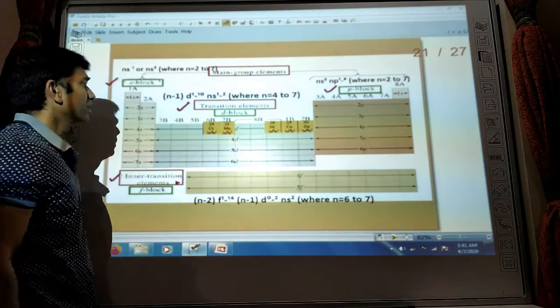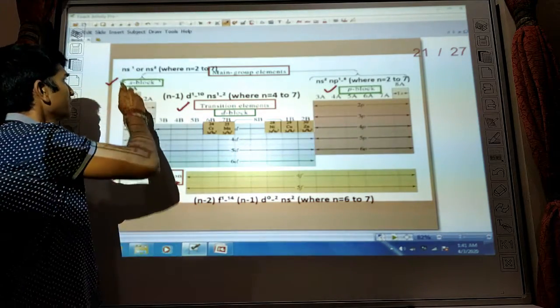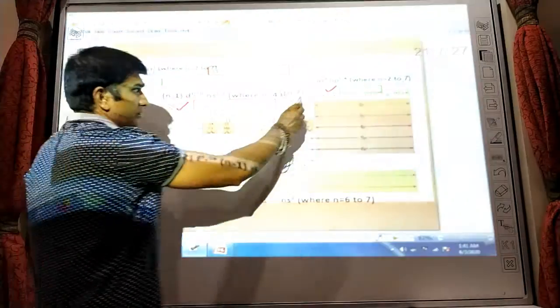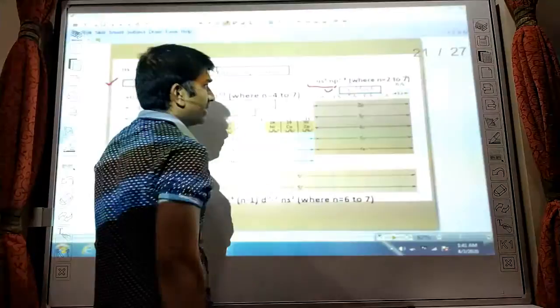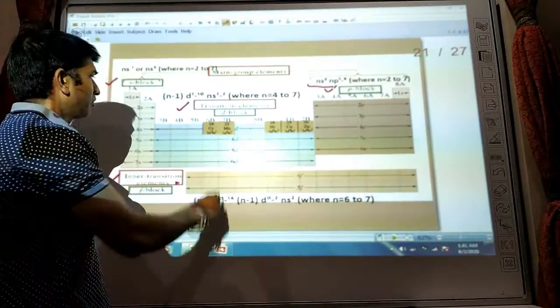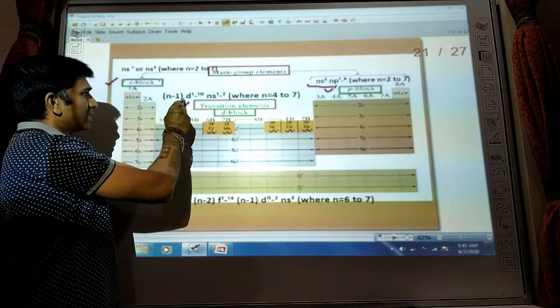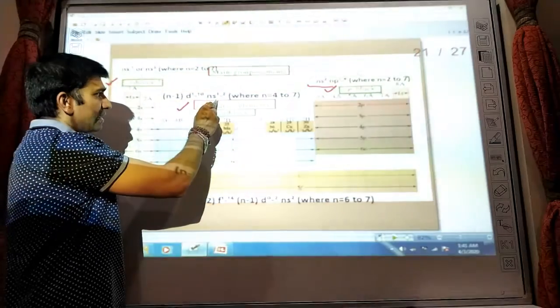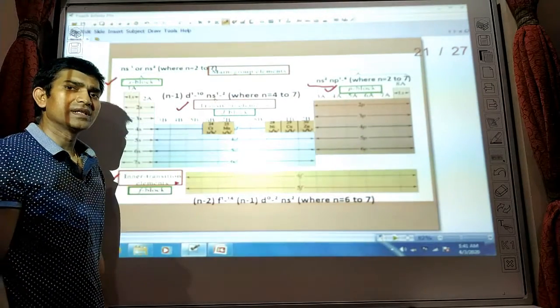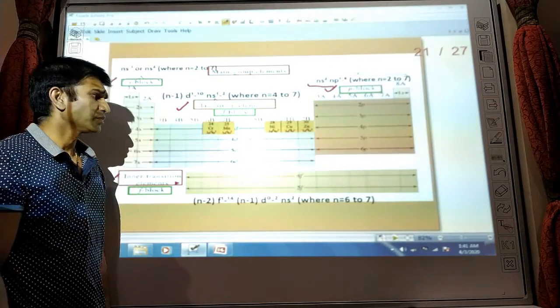The general electronic configuration is ns1 or ns2 for s block elements. For p block elements it is ns2 np1 to 6. And for d block elements it is (n-1)d1 to 10 ns1 to 2. So this is the general electronic configuration.